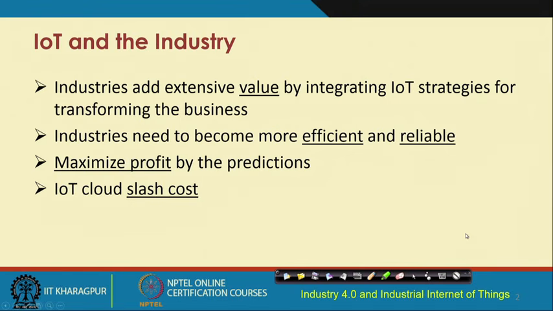So, let us look at these issues in detail, but before we do that, I would like to have a recap, because this is going to be the last application that I am going to expose you to in this particular section on applications. I am going to take you through a recap of the issues that are there and the advantages that can be obtained from IoT implementations in the industry.